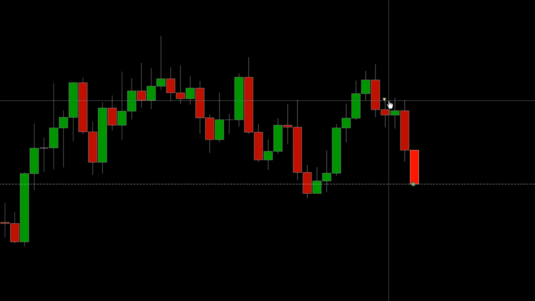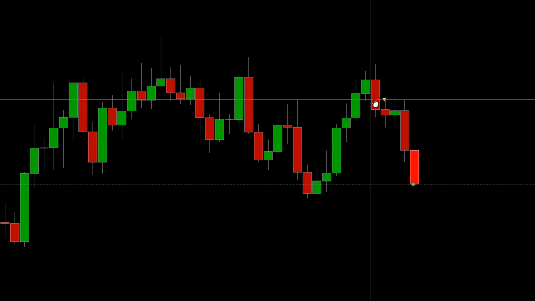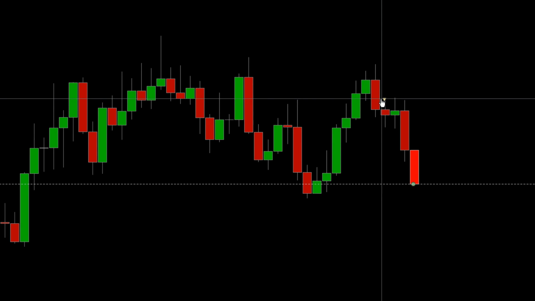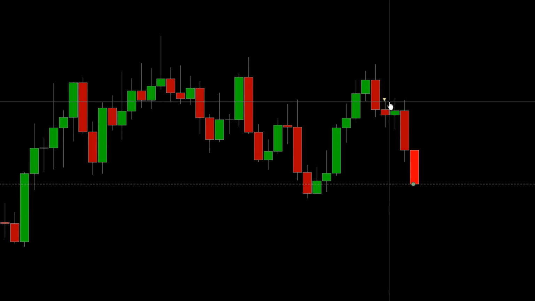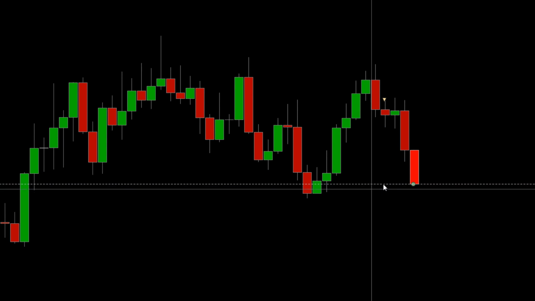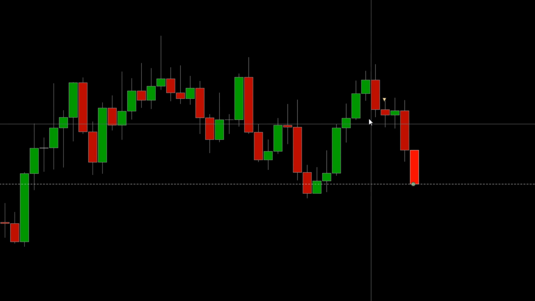So in this case, I have also shorted New Zealand dollar, but with a retracement entry. That means I have set a sell limit right here and put take profit here as well.